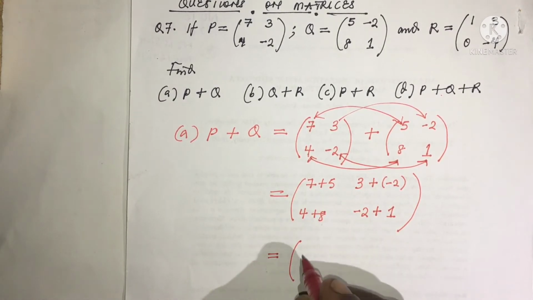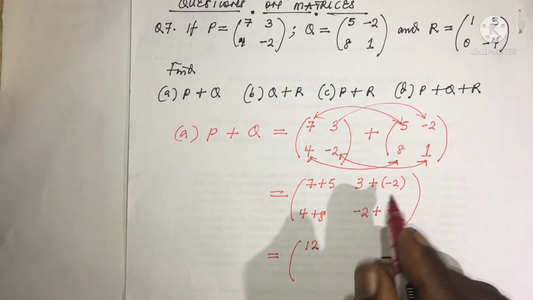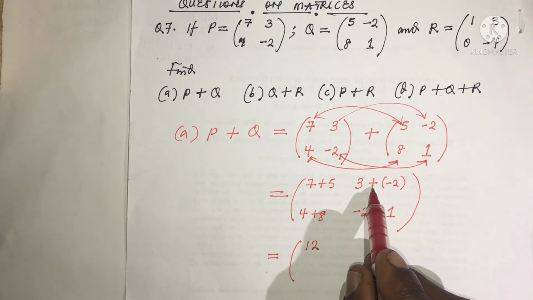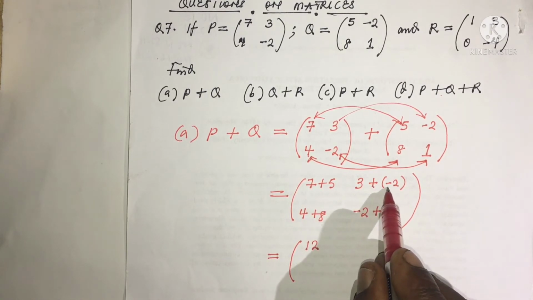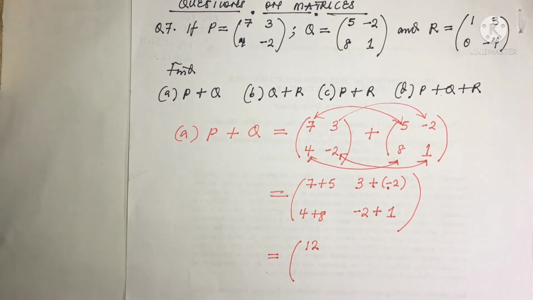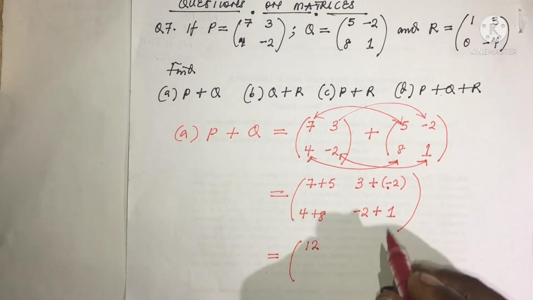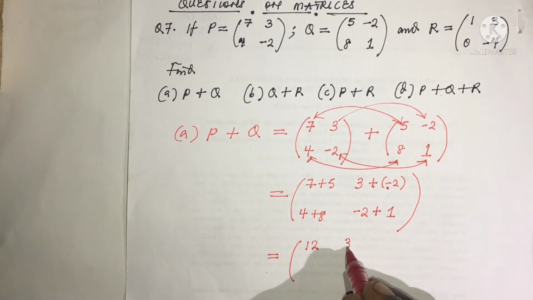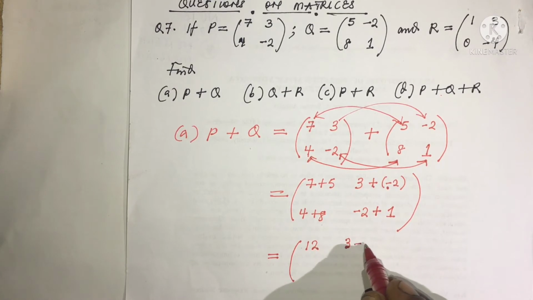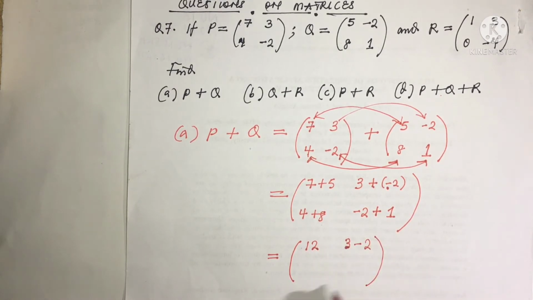Now, 7 plus 5 gives 12. 3 plus minus 2 requires that we multiply plus and minus. Plus times minus will give you minus. So the problem reduces to 3 minus 2, and 3 minus 2 happens to be 1. 4 plus 8 will give you 12.